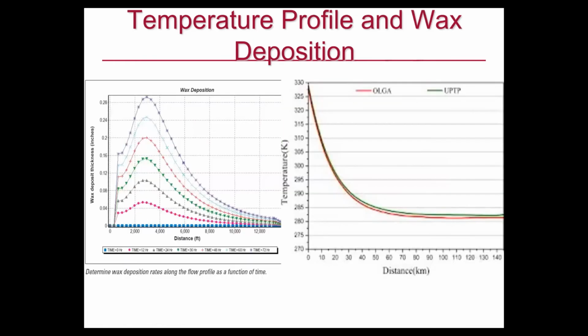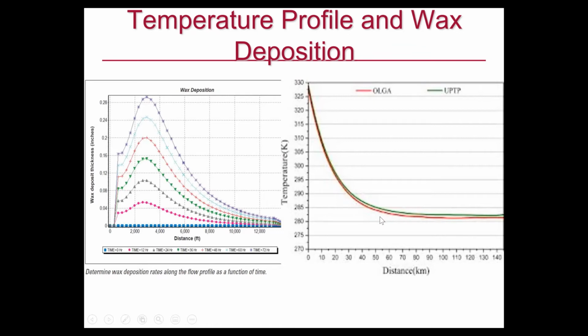And if you look at this figure, you see that the pipeline temperature initially is very high. This is in Kelvin, so this is around 60 degrees initially. And then as the fluid moves along the pipeline, it will reach the seabed temperature, which is around 8 degrees, 9 degrees.